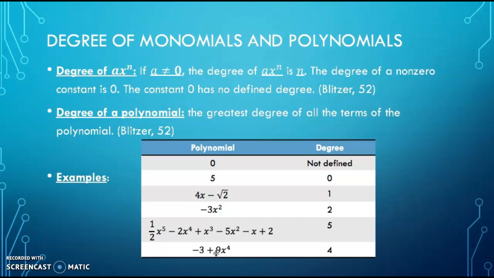Even if the polynomial's terms are not in order in standard form, which would mean that they are in order from highest exponent to least exponent, even if they're not in order, you still list the highest exponent. So this one would be a degree 4.